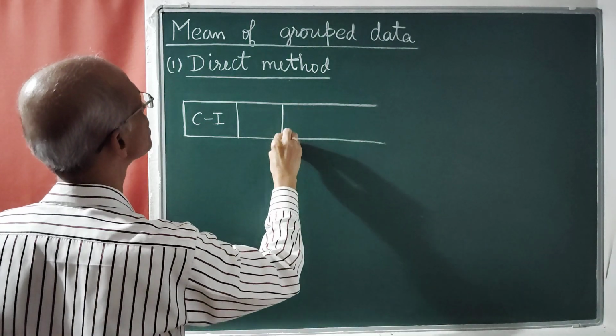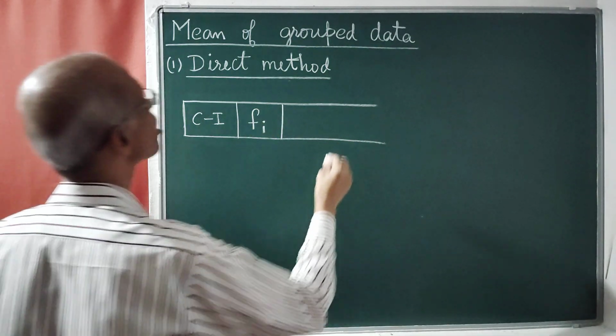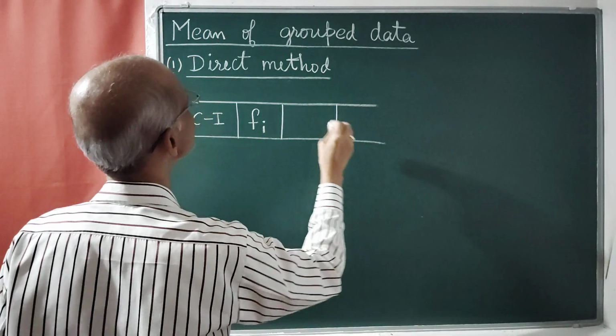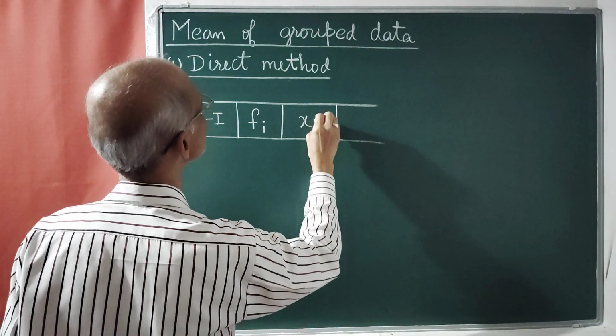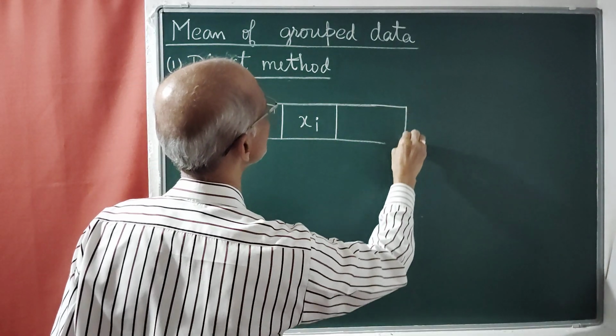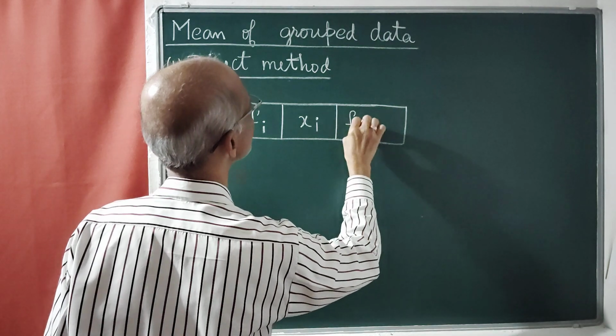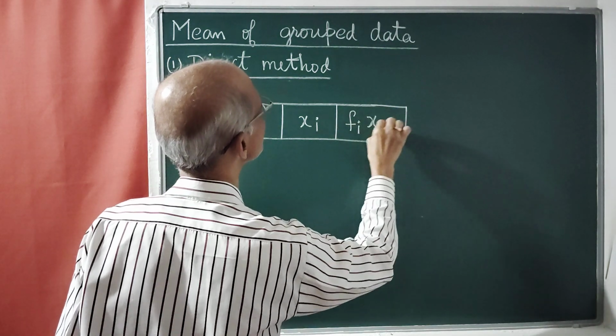The second column will be the values of fi. In the third column, we have to find the values of xi. In the fourth column, we have to find the values of fi xi, fi into xi.